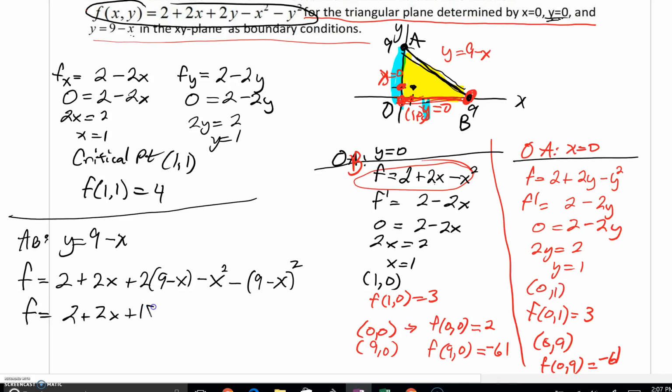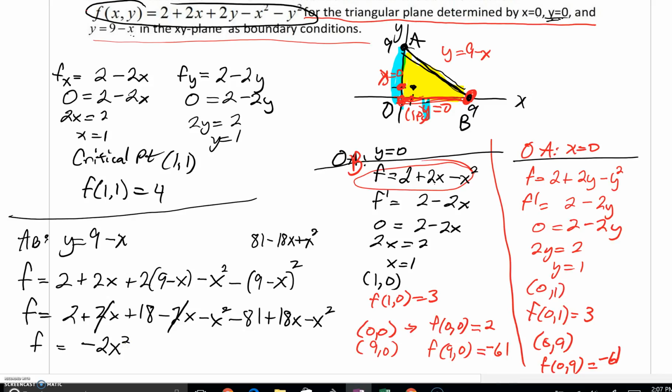Distribute this 2, we'll get 18 minus 2x. 9 minus x squared would be 81 minus 18x plus x squared, but of course we have to distribute that negative everywhere in there. I think you can see a 2x and a minus 2x will actually cancel out. We'll have a negative x squared and a negative x squared. That will become a negative 2x squared.